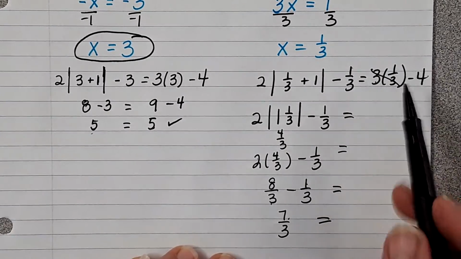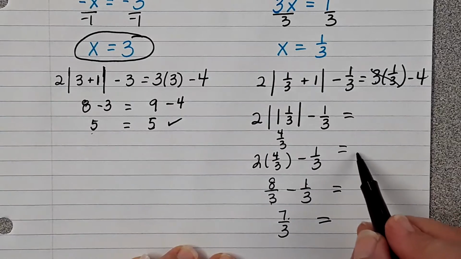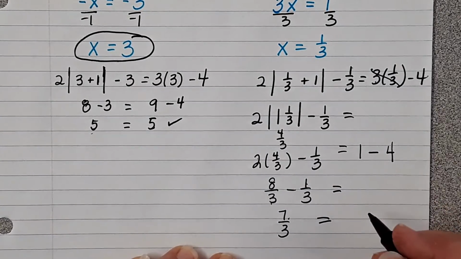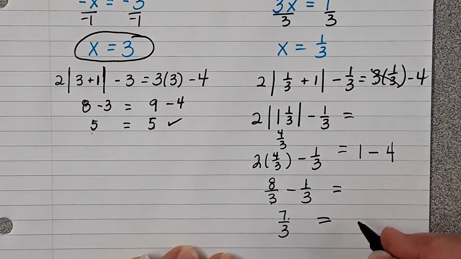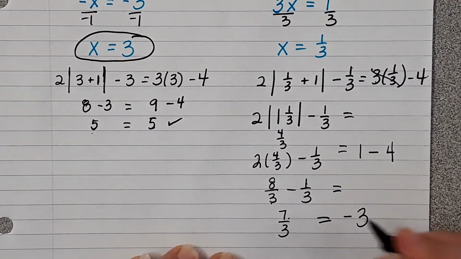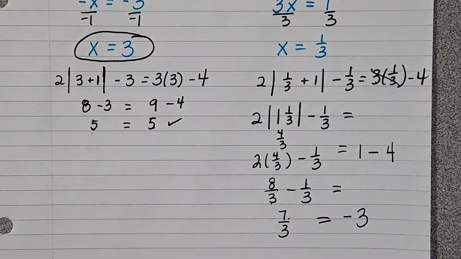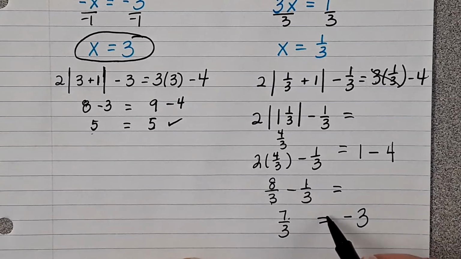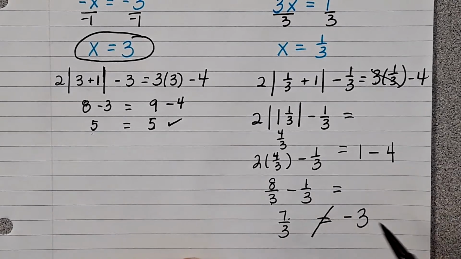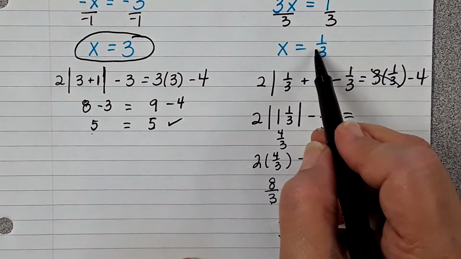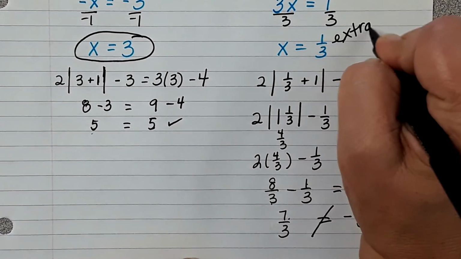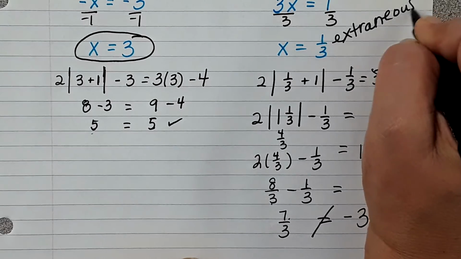These cancel out and you're left with 1, right? What is 1 minus 4? Negative 3. Is that a true statement? Does 7/3 equal negative 3? No, so what does this make it? An extraneous solution.